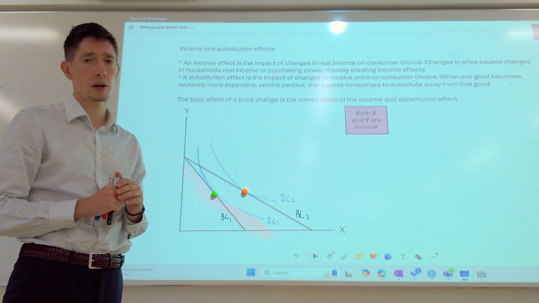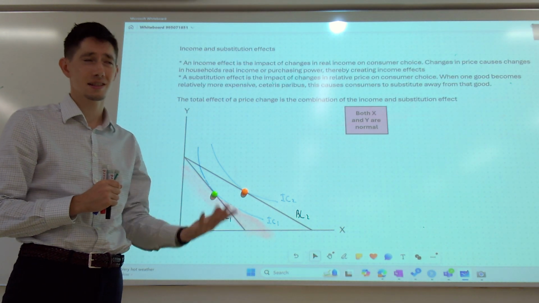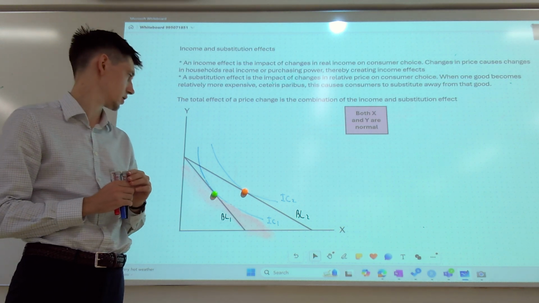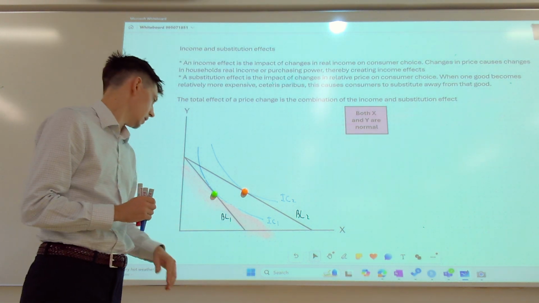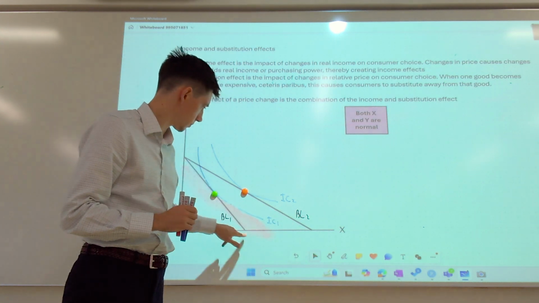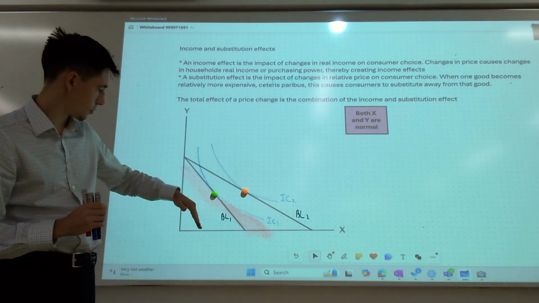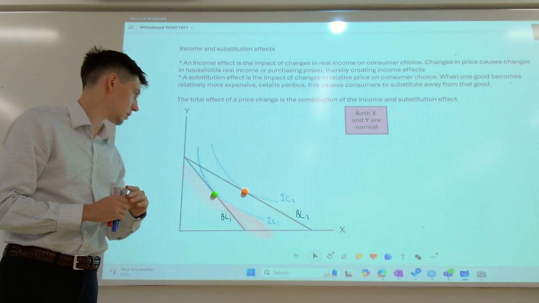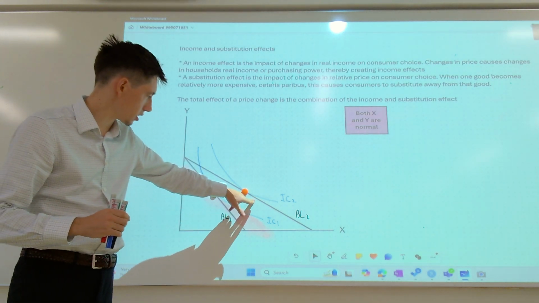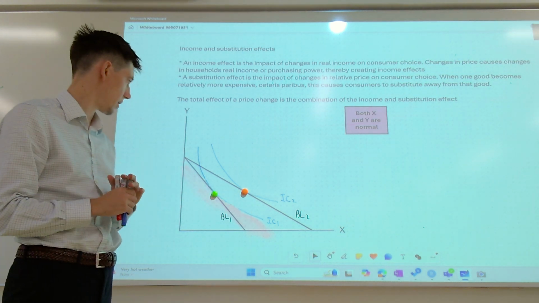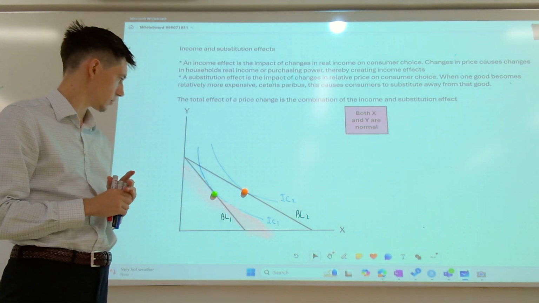Well, we know that when prices change, your real income also changes. If we look at this example here, we can see that the price of X has fallen. That's represented by this pivoting of the budget line. Of course, the gradient of the budget line changes, which means that the relative price of X compared to Y has fallen.